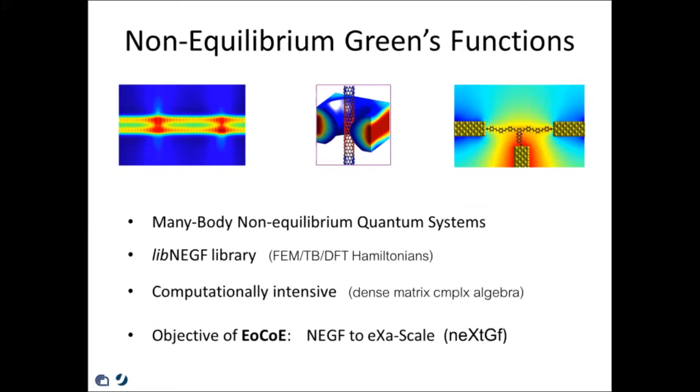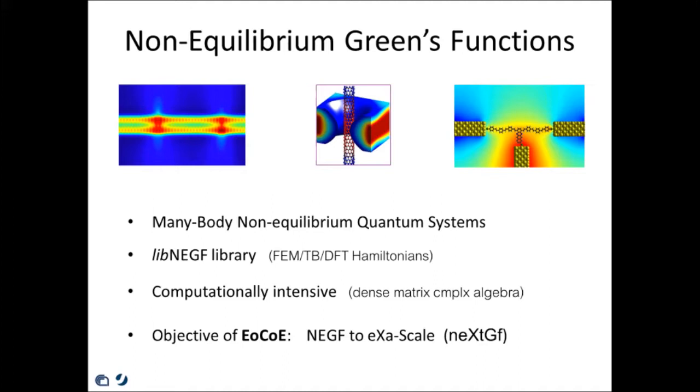Actually, some years ago, we started together with the University of Tor Vergata this libNEGF, a general purpose library to interface different representations of the Hamiltonian that can be for devices, finite element or empirical tight-binding, can be semi-empirical tight-binding, can be DFT, different representations. So a general purpose library behind and with the ability of driving different types of calculations.